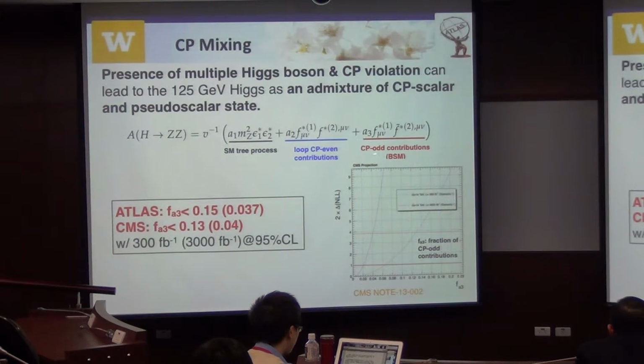So we can try to extract this CP odd component and use it to infer new physics. And with 3,000 inverse femtobarns, we can reach 0.037 on the CP violation coupling parameter.